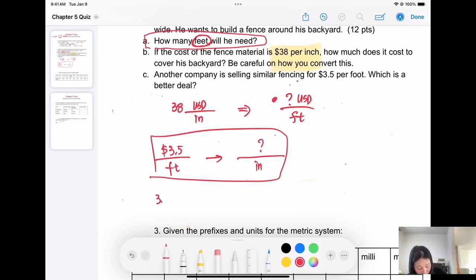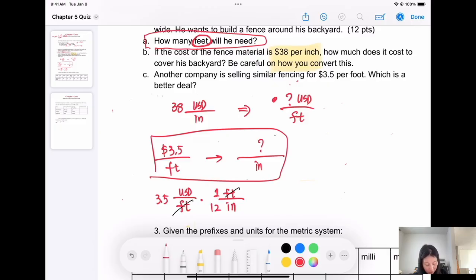So right now the unit is 3.5 US dollar per foot, right? And I want the feet to cancel so that we get the inches in the bottom. So we know that 1 foot is equal to 12 inches. That's our conversion. Now let's cancel the stuff out. Feet, they got canceled.